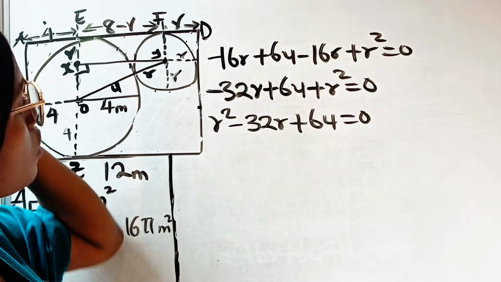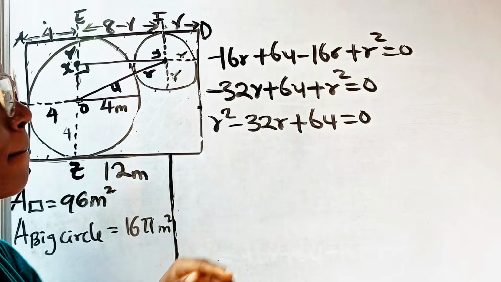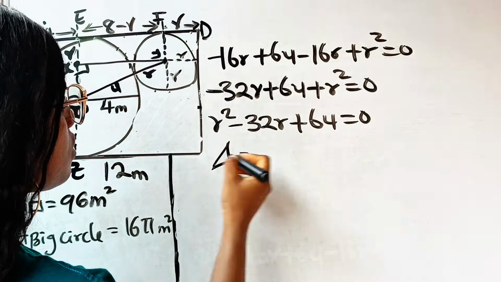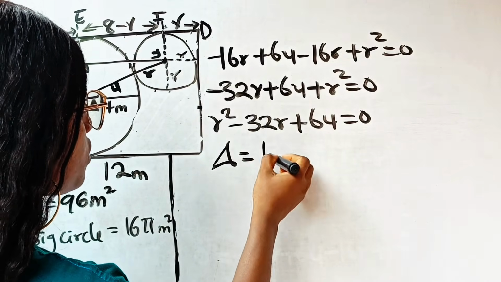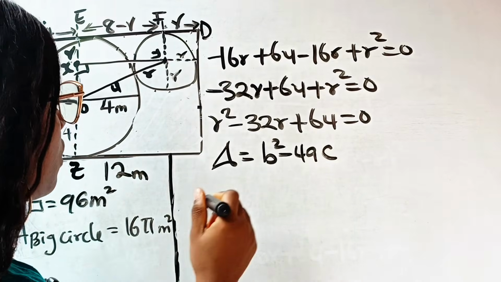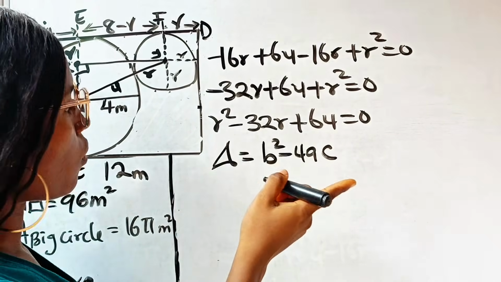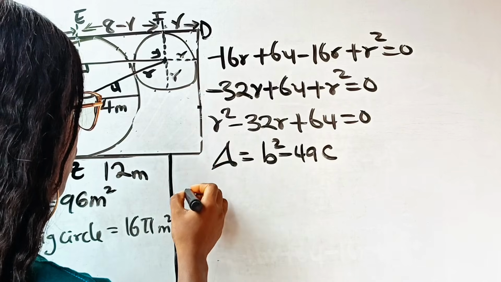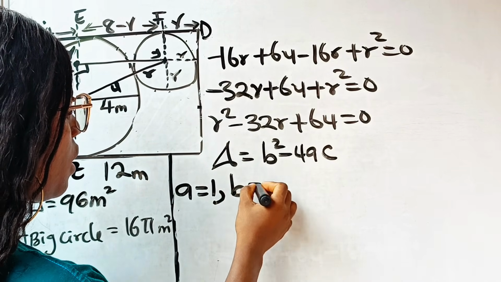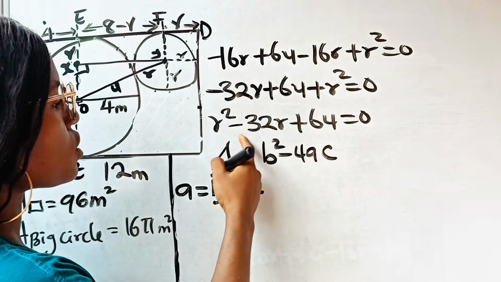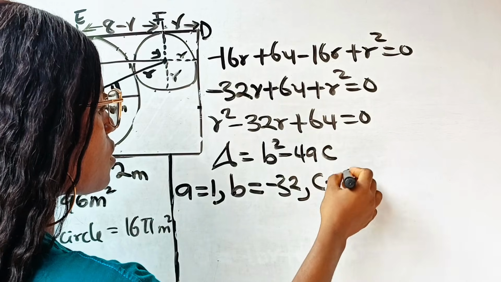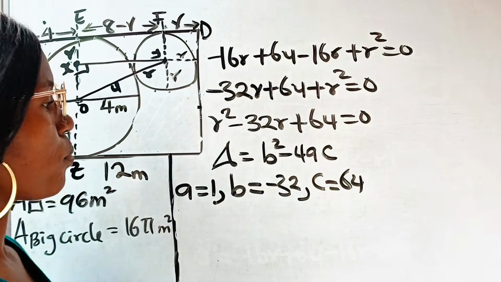Now, first of all, let us get the discriminant, which is b squared minus 4ac, all right? And here our a is the coefficient of R squared, which is 1. Our b is the coefficient of R, which is minus 32. And our c is what? This constant, which is 64.